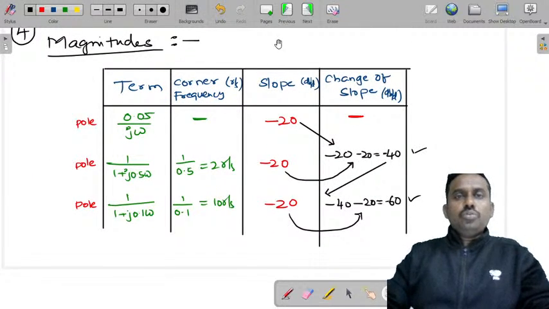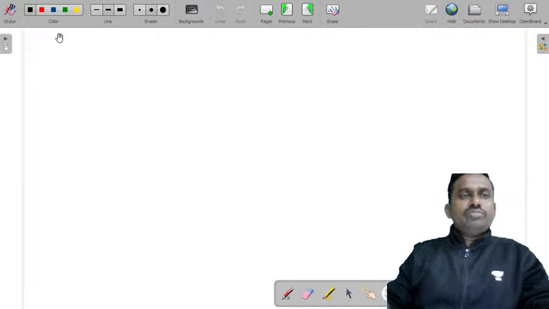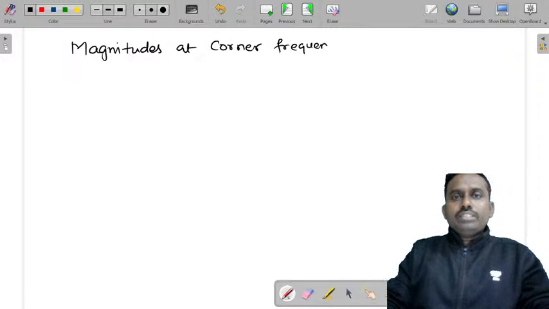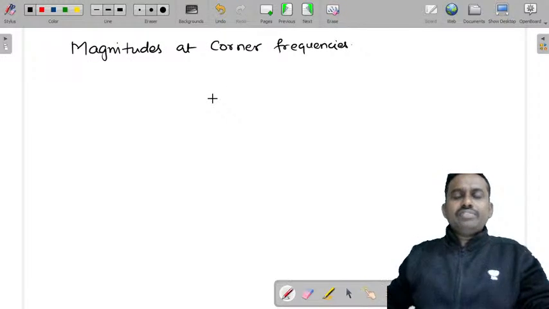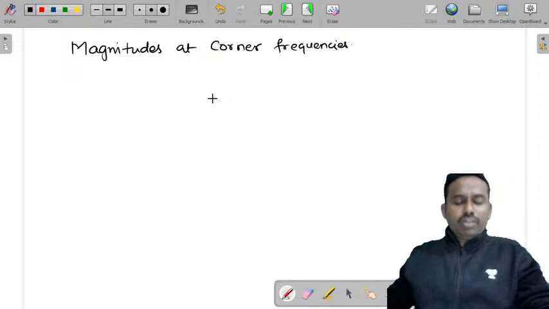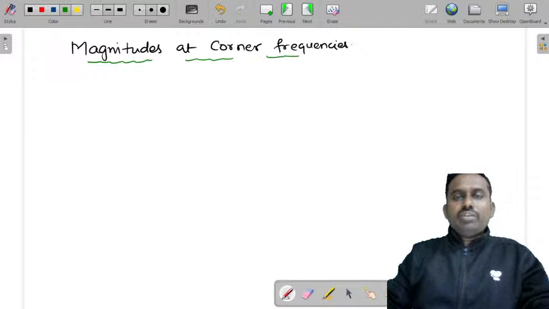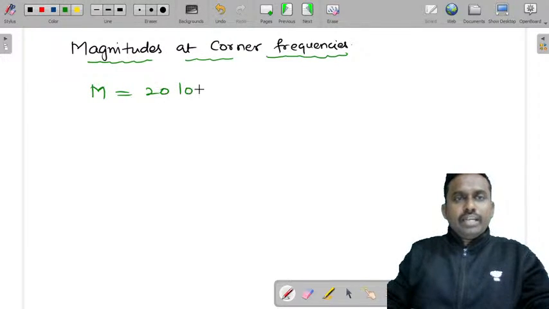So let us go and find the magnitudes now. So how do you find magnitudes? We are finding magnitudes at corner frequencies. Corner frequency is the frequency at which the two asymptotes meet or intersect. For the first magnitude, because it is in dB, you can write 20 log mod of g of j omega.